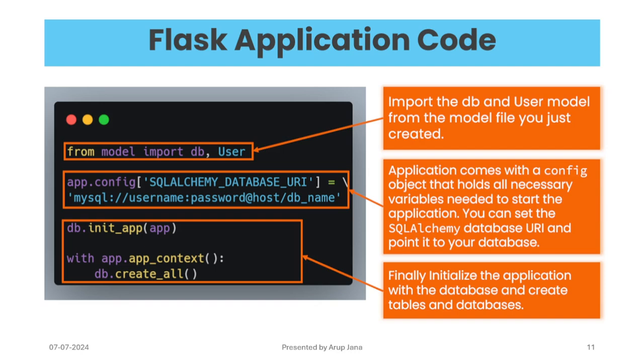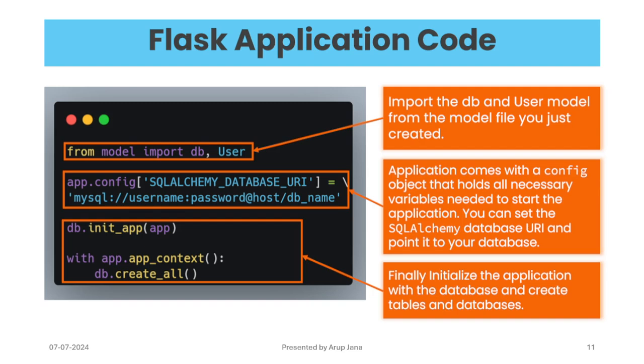If you want, you can set different values inside this config object, but it should be something that is allowed in the application. For example, one of the properties is SQLALCHEMY_DATABASE_URI, which simply tells the application where to look for the database that is used in SQLAlchemy.